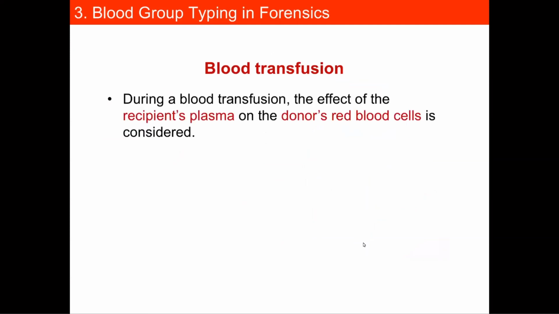So during a blood transfusion, the recipient's plasma acts on the donor's red blood cells. This is why only certain blood types can accept certain blood; some can accept all, and some can only accept one type.